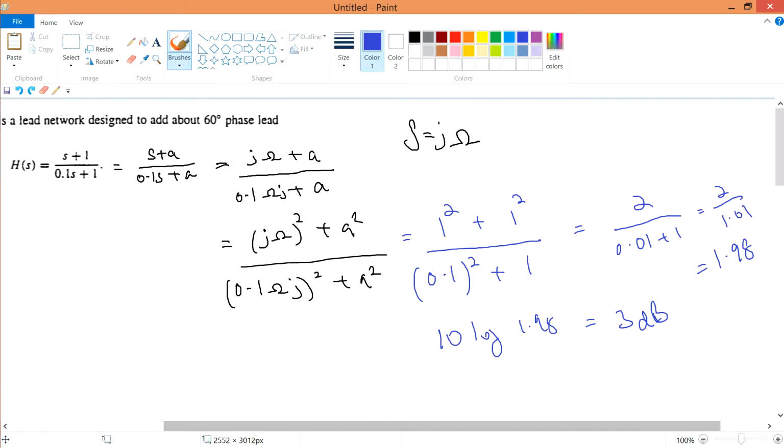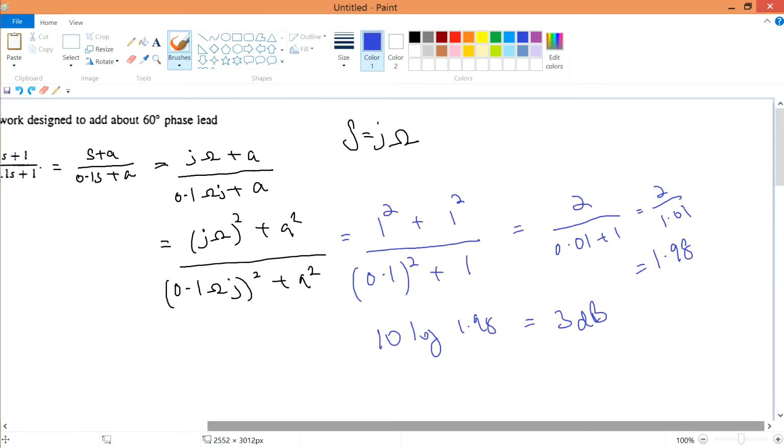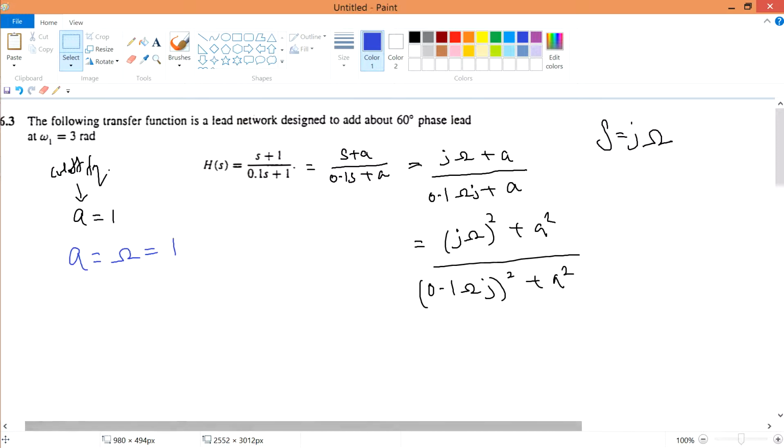For example, if I erase all these things, since we already proved that it's a 3 dB system, let's use the same definitions again. Next, if omega is larger than A, where A is equal to 1, for example omega is 3, so 3 is larger than 1.